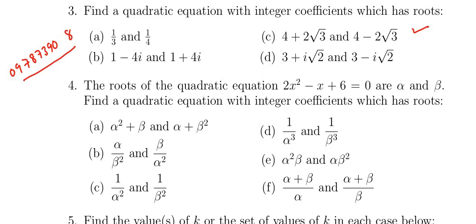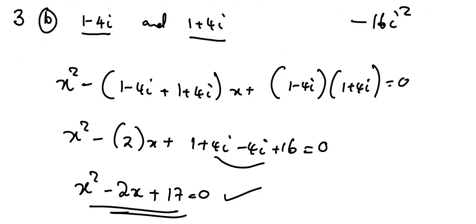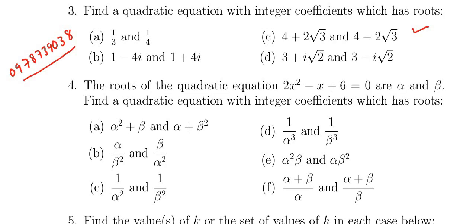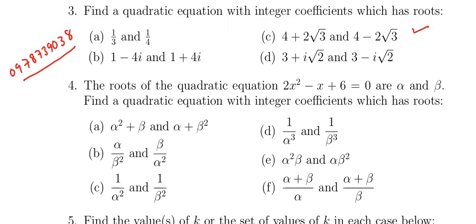Yeah, so number 3c, if you are to do 3c, so your alpha is given, so alpha is equal to 4 plus 2 root 3. Then you have your beta should be 4 minus 2 root 3, just for confirmation's sake. So this is correct.